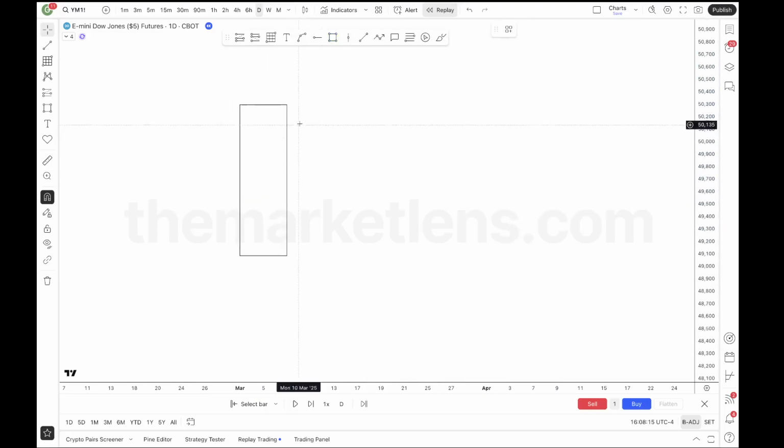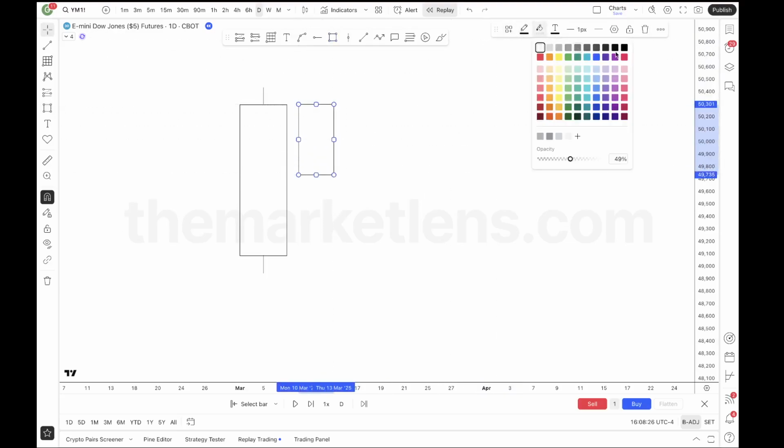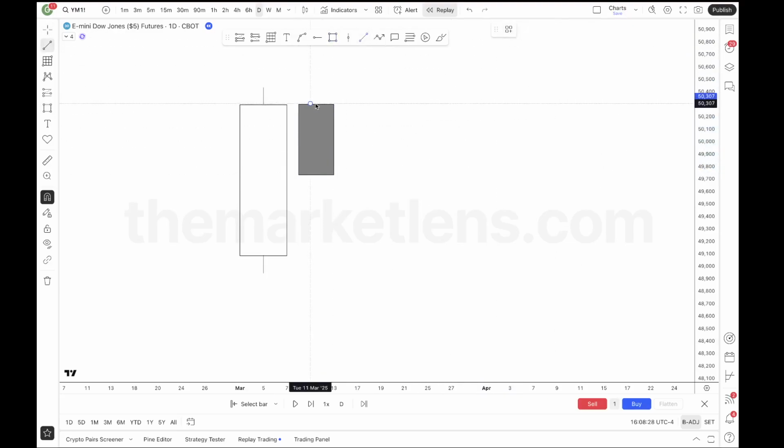If I can find my candle border. Let's go look at this. This is something that we went over a couple streams ago. An inside bar is just price staying in between the previous candle's high and low.